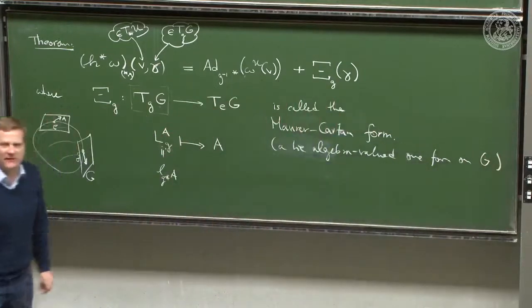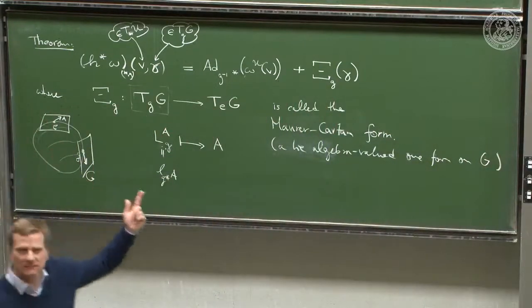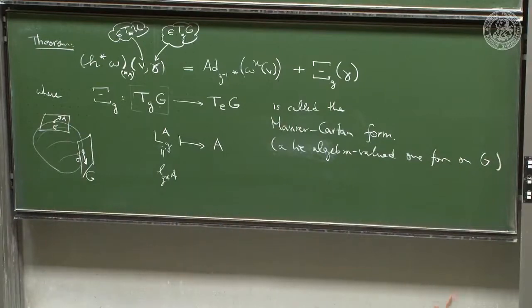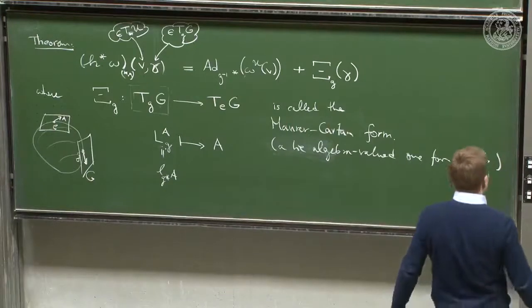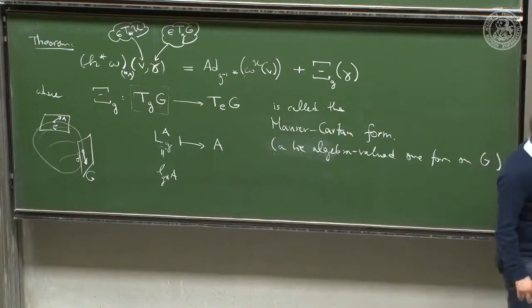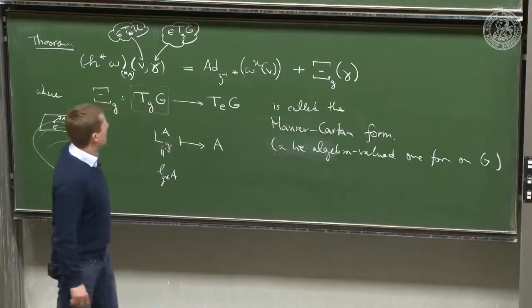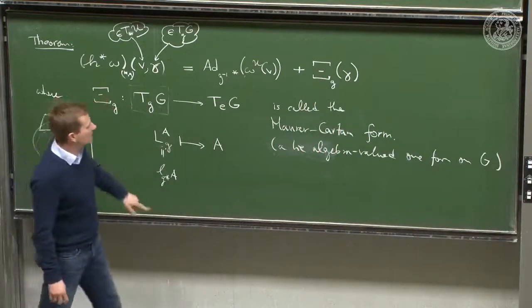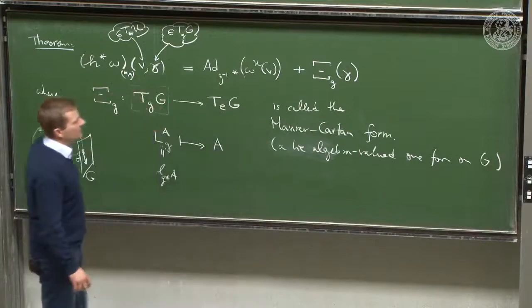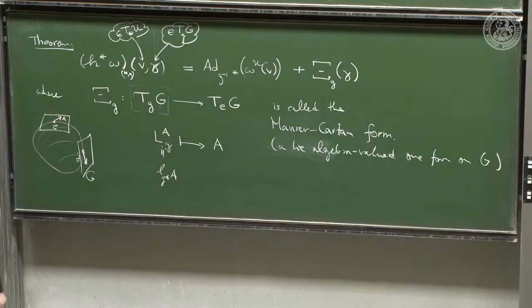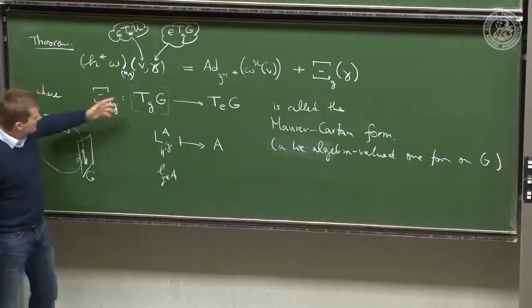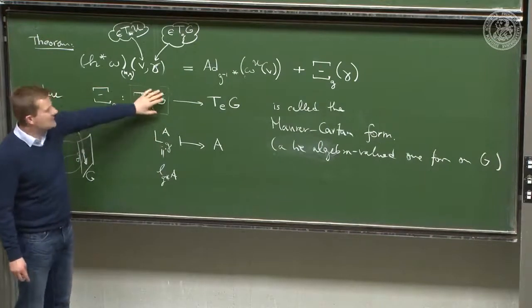Before we had Lie algebra valued 1 forms on the principal bundle total space, that was the connection. We had a Lie algebra valued 1 form on the base space or part of the base space, that's the Yang-Mills field. And now with the Maurer-Cartan form, we have a Lie algebra valued 1 form on the group. But you already see from my explanation or from what we did before, this is fixed.